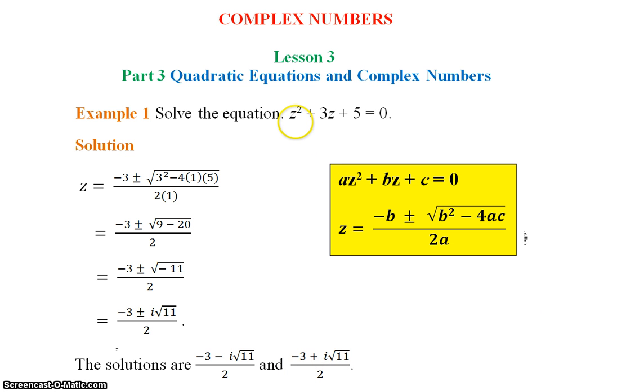The coefficients of original quadratic equation were real numbers, 1, 3 and 5. This is the reason why the solutions are complex conjugates. You can see that these two numbers are conjugate to each other.